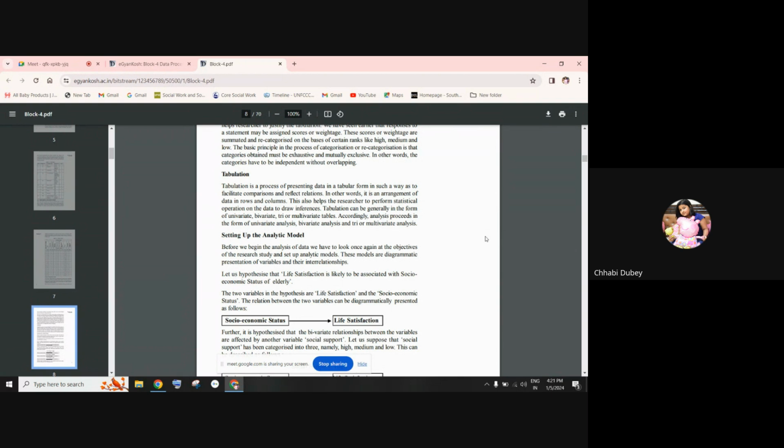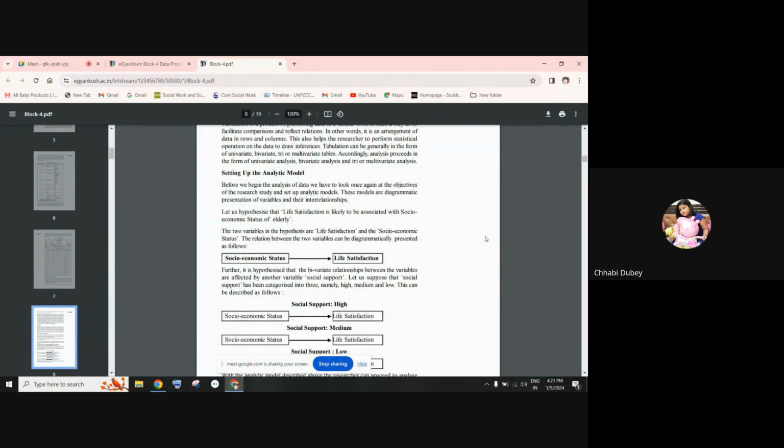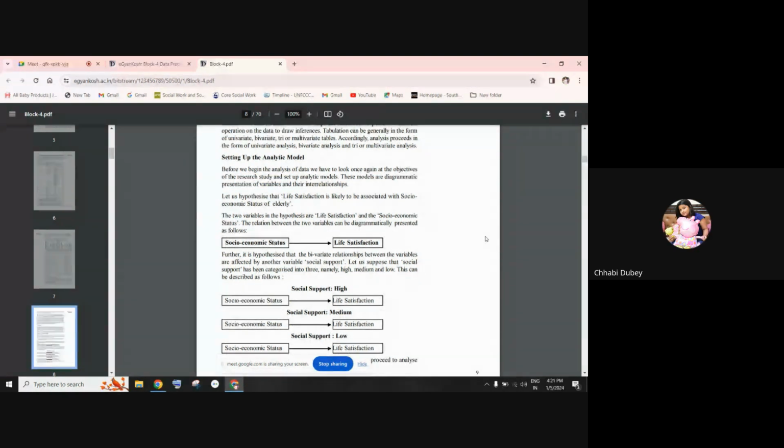And here, the relations between these two variables can be diagrammatically represented. They have given the diagrammatic representation between the two variables. And further, it is hypothesized that the bivariate relationship, bivariate meaning having two variables, between the variables is affected by another variable, social support.